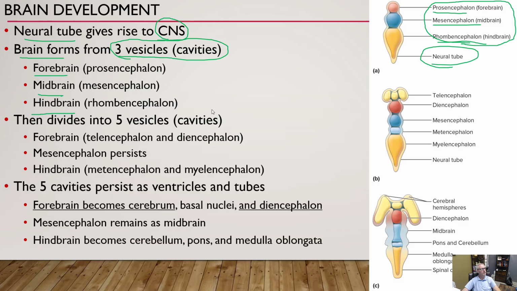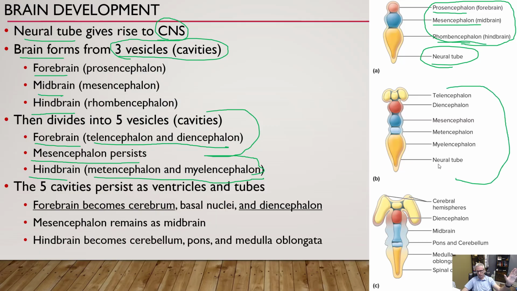And then eventually this cavity will divide into five different cavities. That forebrain will go into the telencephalon and diencephalon. The mesencephalon will stay the same. The hindbrain divides into the metencephalon and the myelencephalon. Again, just listen. You really don't have to know what I'm saying so far. And then those five cavities will divide a little bit into these ventricles and tubes.